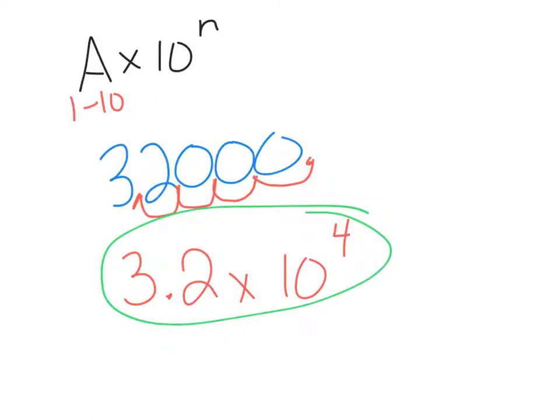You can do that with any number. Even if I just had a small number like 450, we know that number has a decimal at the end here. Moving it as many times as I can just to make it fall between 1 and 10: moving it once would make it 45.